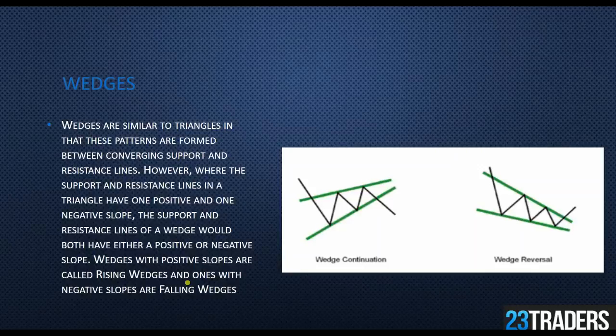Okay, now all of this gets to be a lot to remember, but the fact is they're all, except for rectangles and channels, all of the ones that kind of form triangles, breakouts are breakouts.